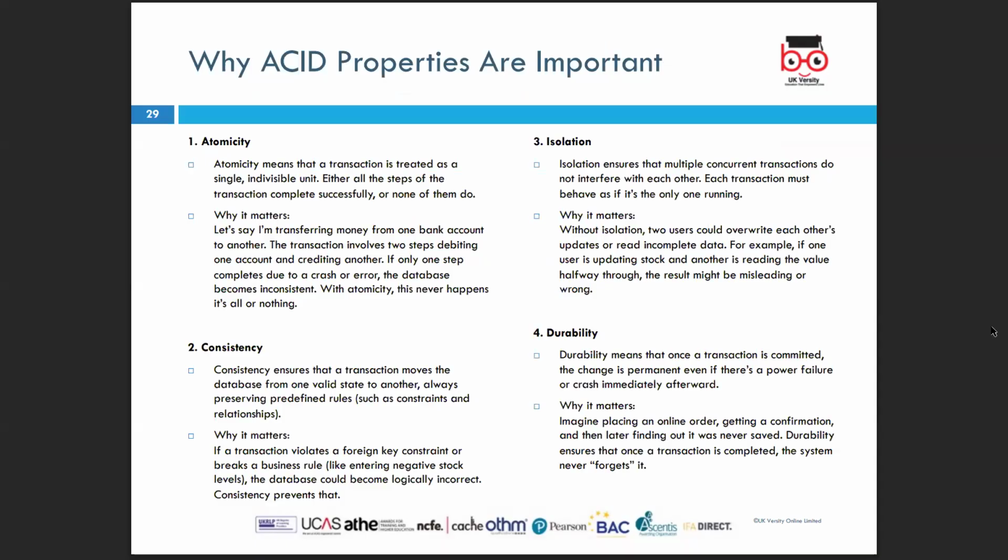Atomicity. This means that our transaction is treated as a single indivisible unit. Either all the steps of the transaction are completed successfully or none of them are completed. Why does this matter? Let's say we are transferring money from one bank to another.